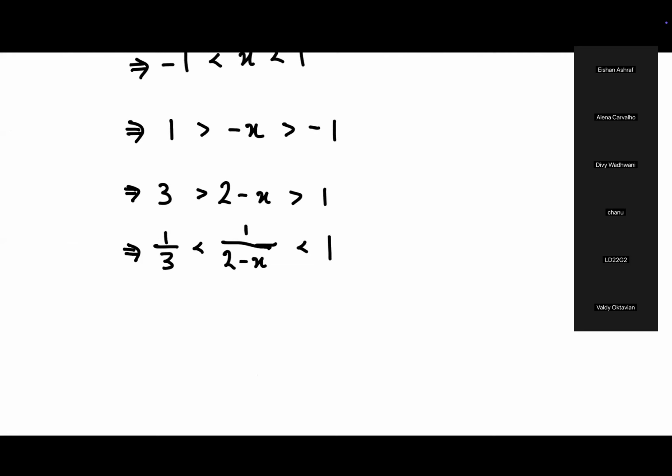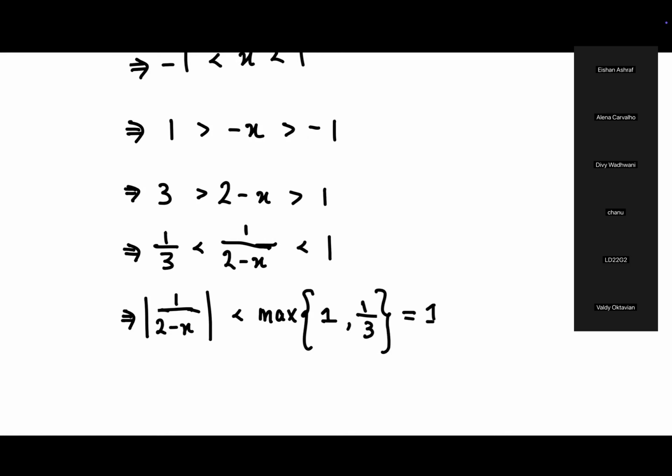Now, what we do is we say that the absolute value of 1 over 2 minus x is less than the max between 1 and, or not absolute value, sorry, here we just take the regular values, 1 and 1 over 3. And we know this ends up becoming 1.